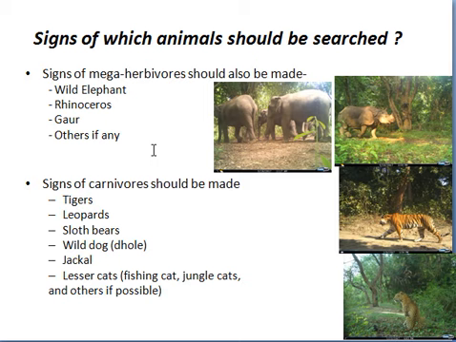Here are some examples. First, signs of mega herbivores should also be recorded, such as wild elephants, rhinoceros, boar, or any others. Then signs of carnivores should be recorded, such as tigers, leopards, sloth bears, wild dogs, jackals, or lesser cats.